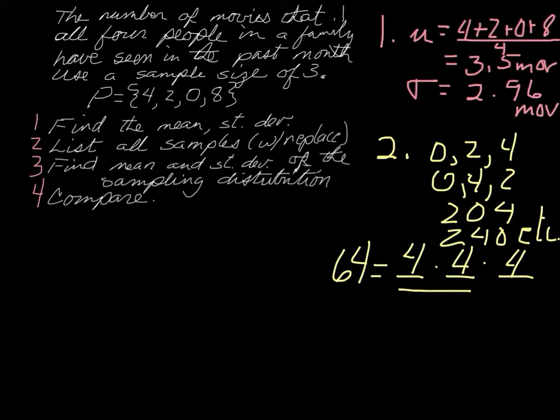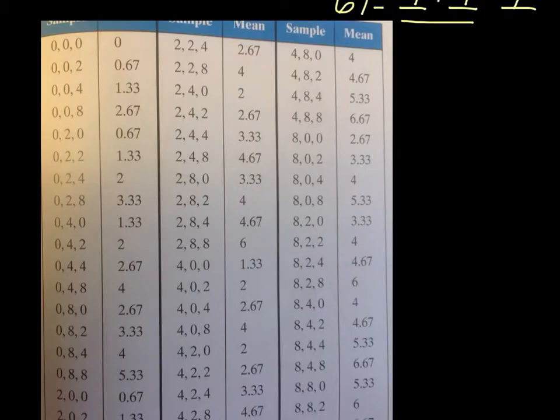Now what you see before you is a picture of the answer for this problem in the back of the book, or part of the answer. And what needed to happen is you needed to list all possible samples that you could get with replacement. And as you can see, there was 0, 0, 0, 0, 0, 2, 0, 0, 4, 0, 0, 8, 0, 2, 0. Now notice 0, 0, 2 and 0, 2, 0 have the same elements, but because of with replacement, they're actually considered a different subset.